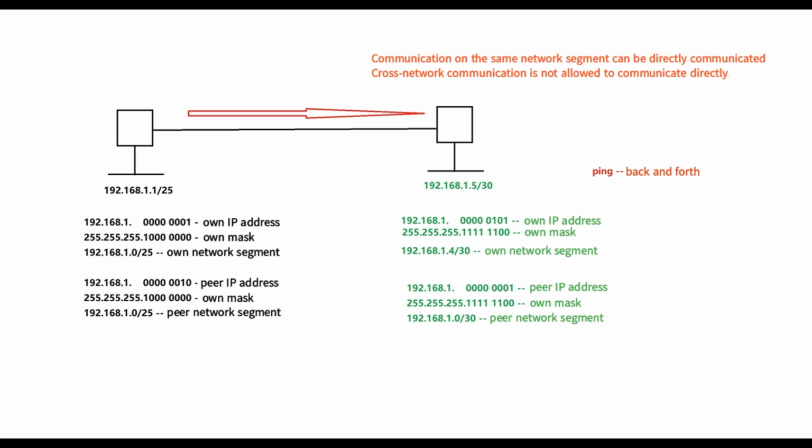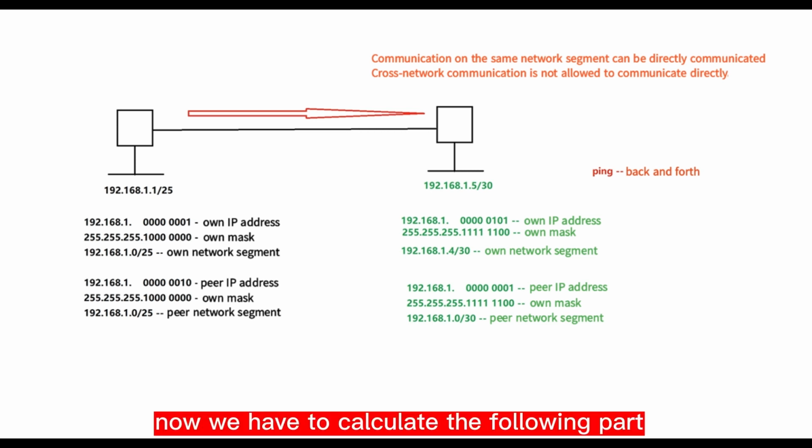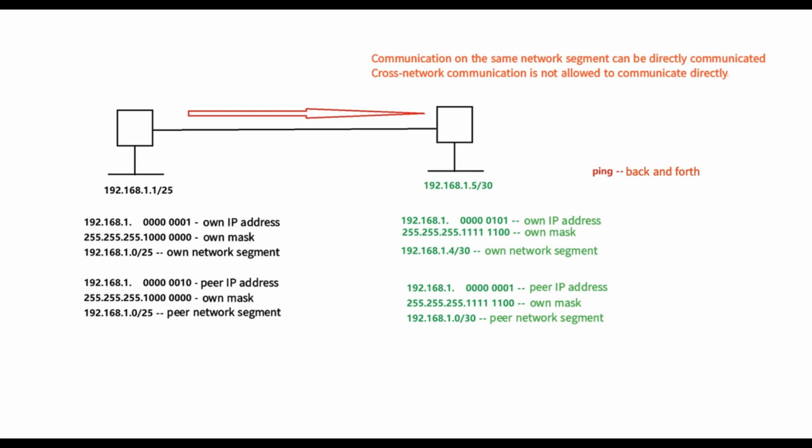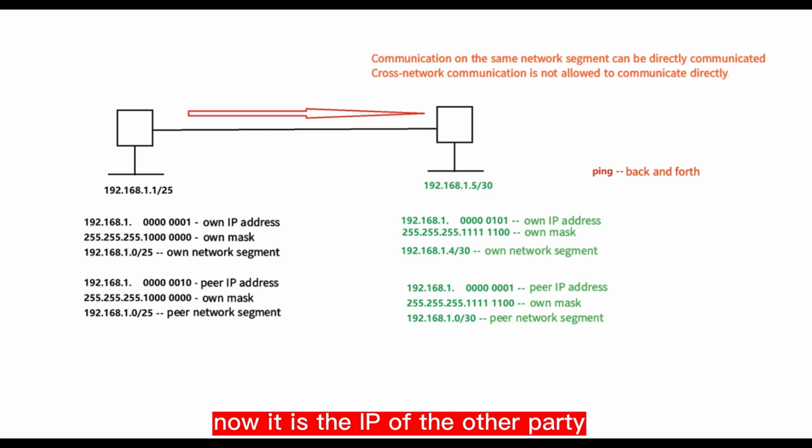For PC2, its IP, mask, and network segment have no problem. Now we have to calculate the following part, which is the IP of the other party plus your own mask. The own mask is 255.255.255.11111100.